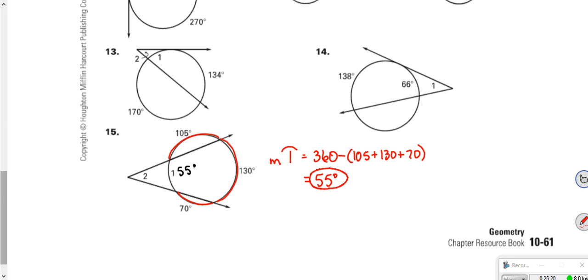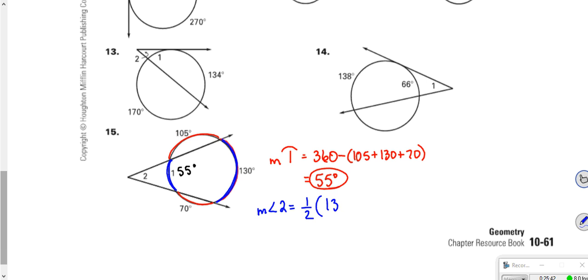Now if that's 55 degrees, how do I find the measure of angle 2? Because it's an external angle, the measure of angle 2 is 1/2 the difference of the two intercepted arcs.